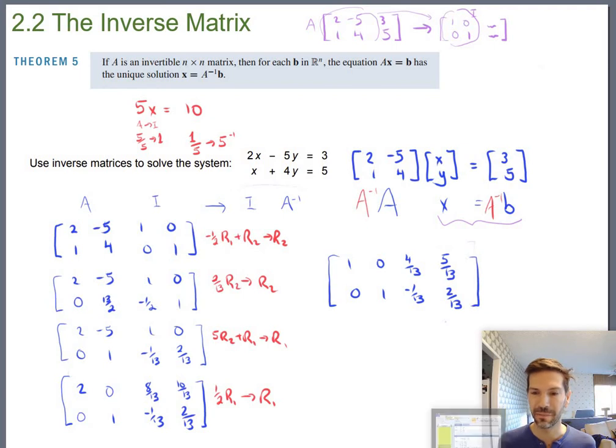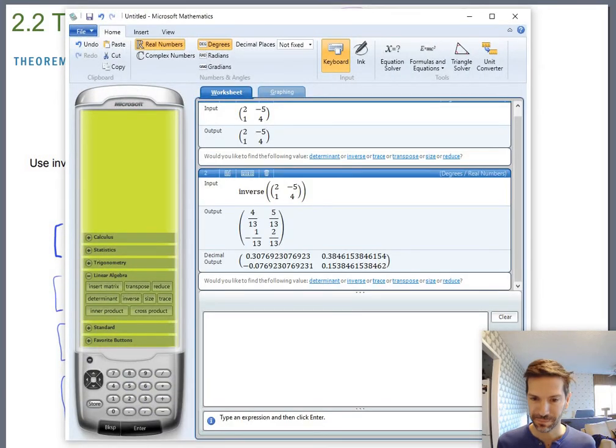And any matrix calculator can find an inverse. If you have a calculator that only does decimals, obviously the decimal output is not the preferred form here. It's ugly, plus those are rounded off. They're not even the exact right values. So make sure that your calculator can spit out a fraction form for you as well.